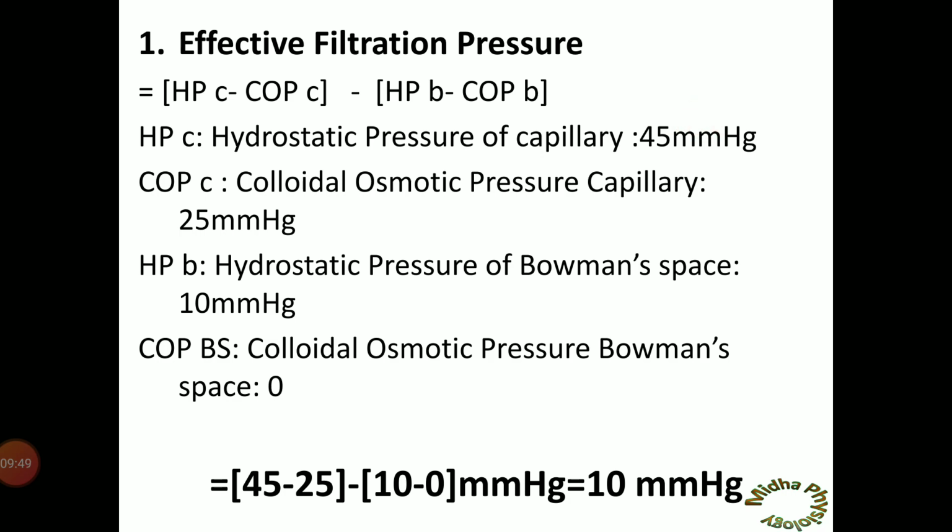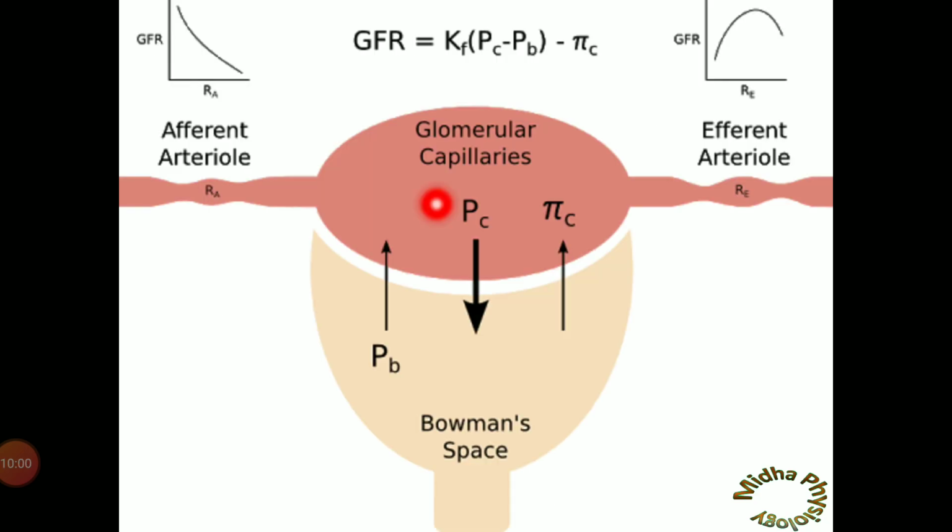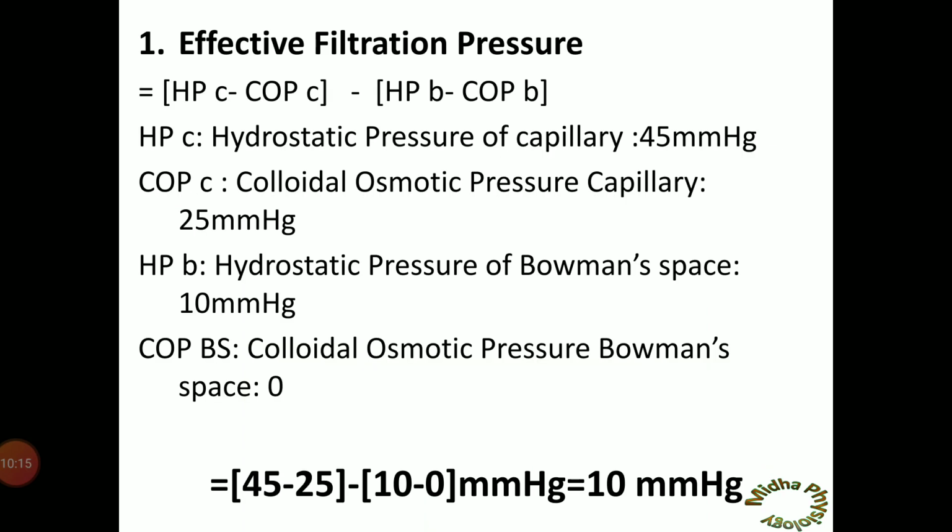We know that this hydrostatic pressure in the glomerular capillary is higher than in other capillaries of our body because the blood in this capillary is coming from the afferent arteriole, which is short and thick, and the blood from this capillary is draining into the efferent arteriole instead of the vein, which exerts higher resistance, due to which the capillary has the higher hydrostatic pressure.